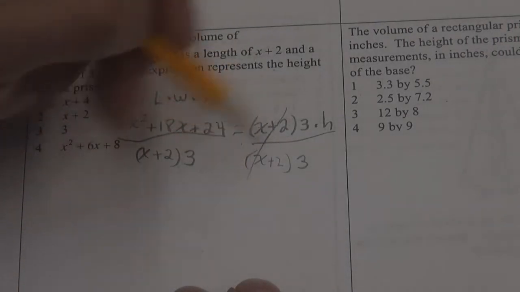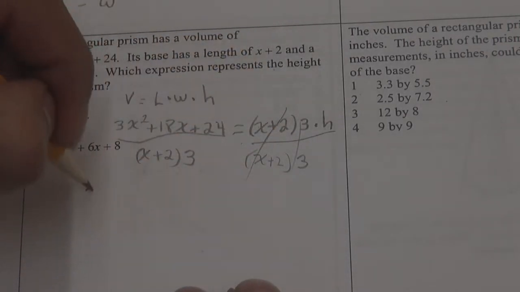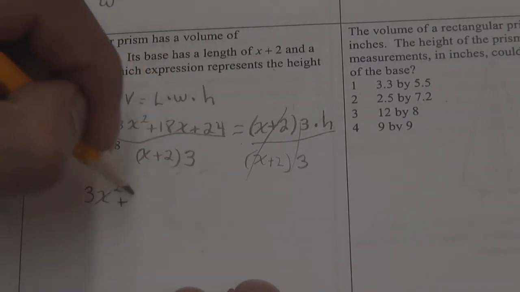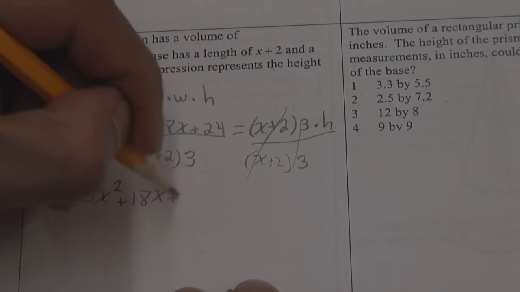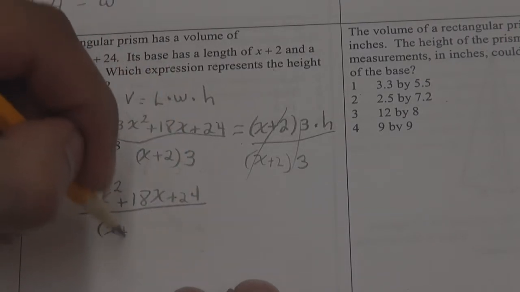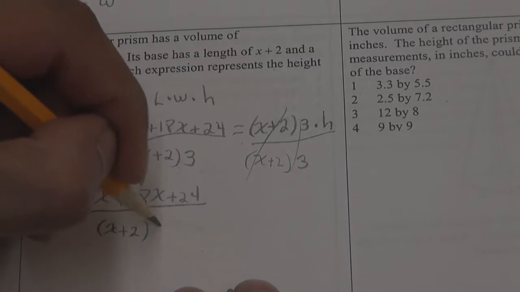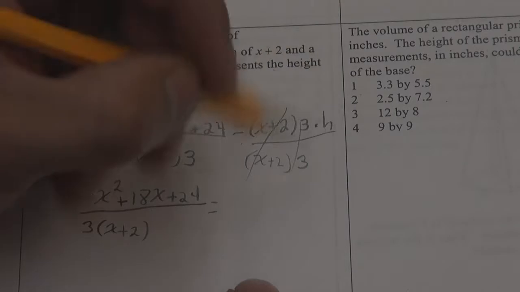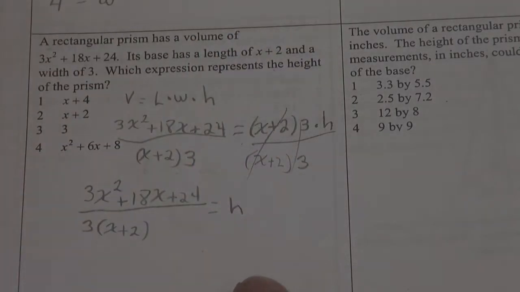So this cancels out, and that leaves you with 3x squared plus 18x plus 24 over x plus 2 times 3. I'm going to put the 3 right here. And that is equal to the height.